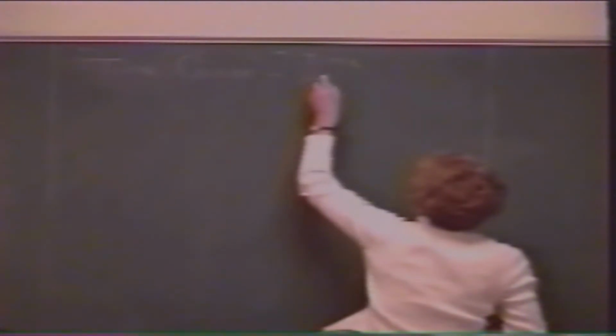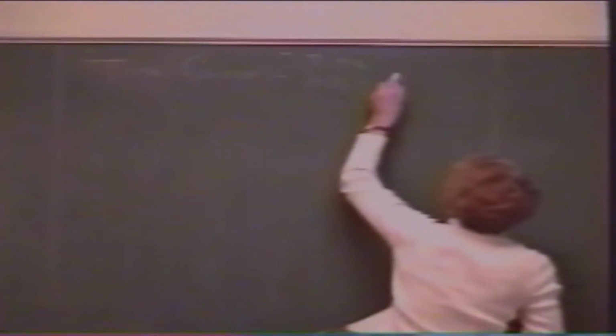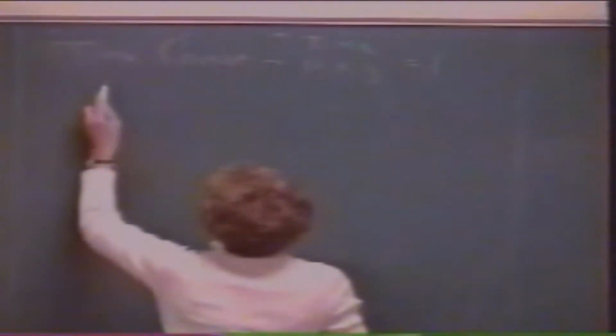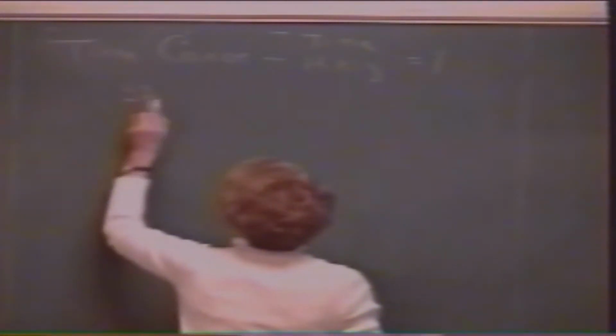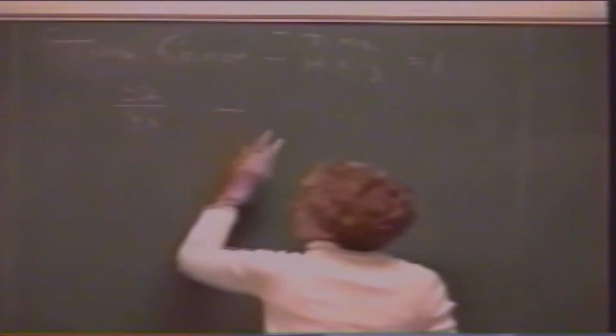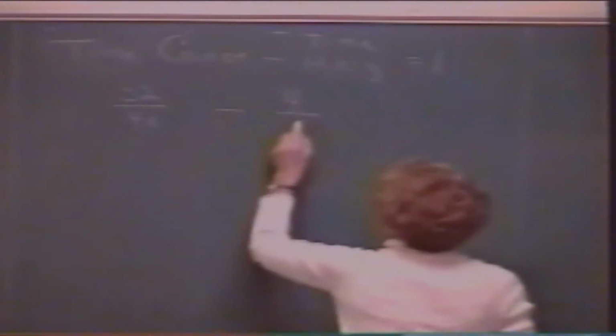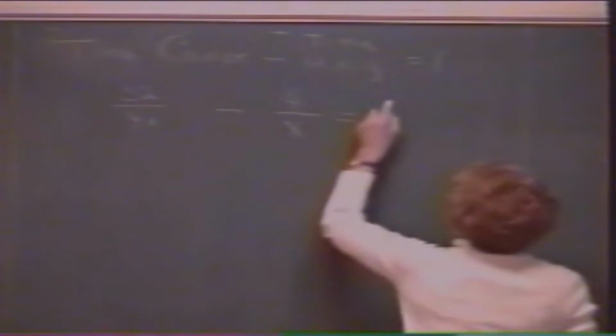So let's get rid of this problem, so the time for the canoe was 32 over 4x, minus the time for the hiking, which is 4 over x, and that's equal to 1.